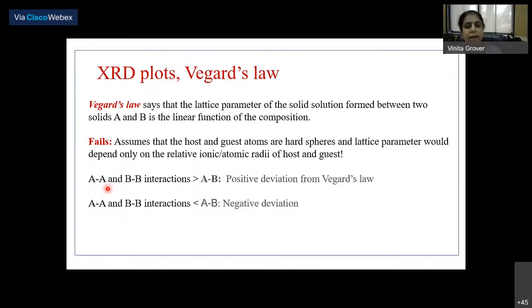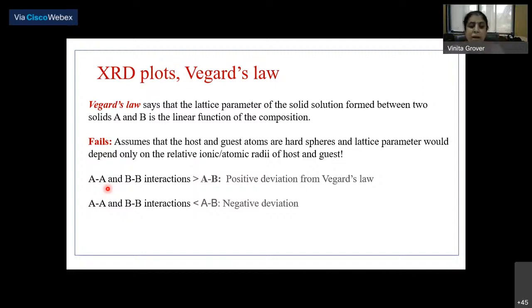A is happy with A and B is happy with B. Even if you mix them, if I were able to pinpoint each A and each B in my material, which XRD cannot do, I would see that A likes to be with A and B likes to be with B, even though overall they have mixed up. So it leads to some kind of positive deviation.